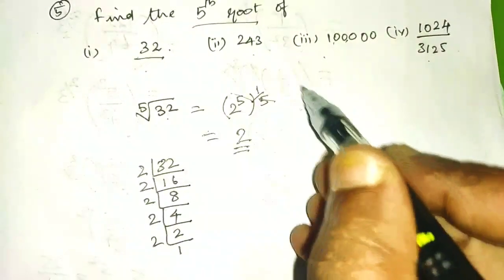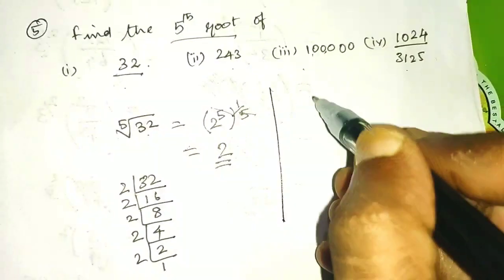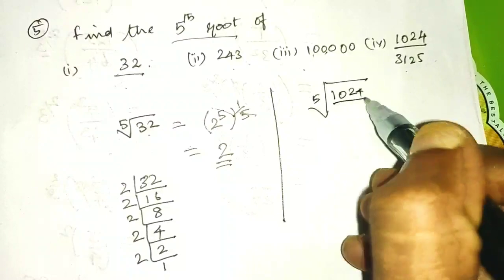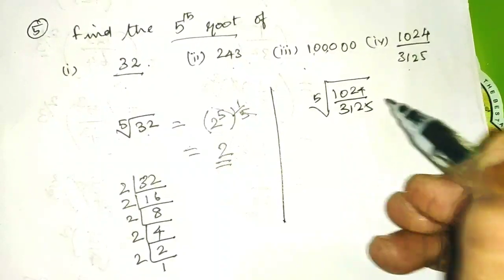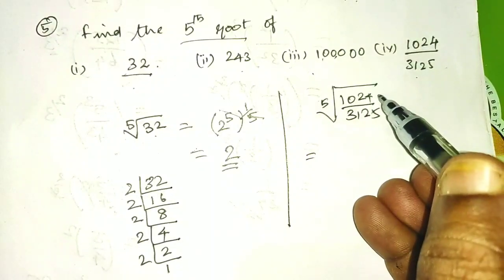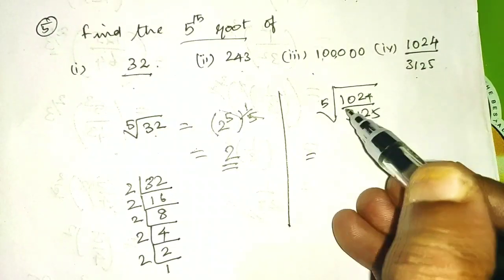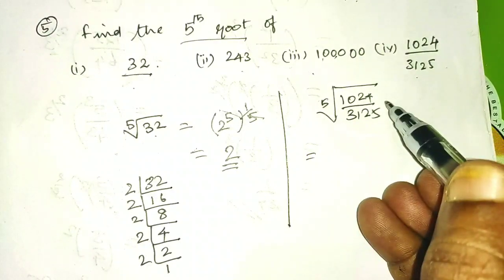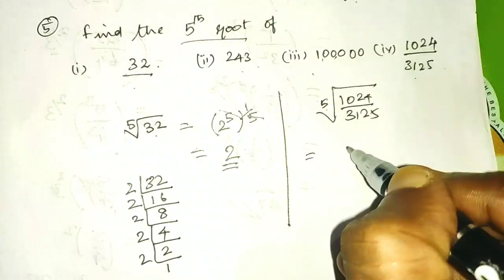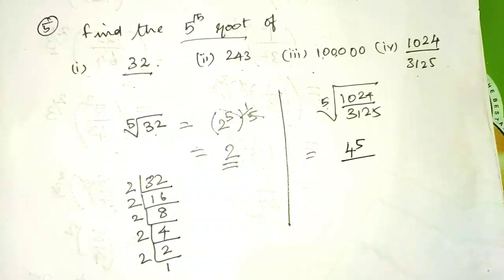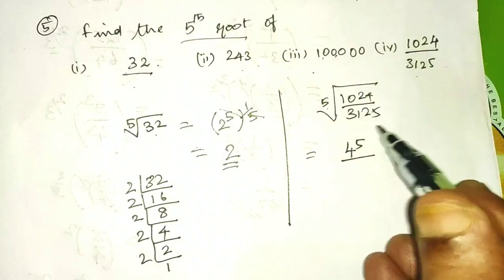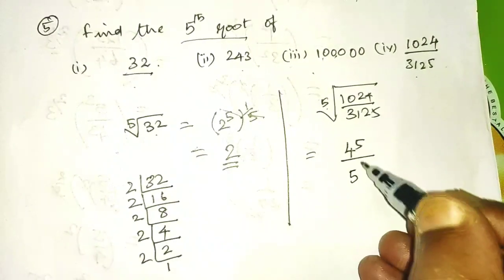Now in the fourth sum, we have fifth root of 1024 divided by 3125. If you know the powers, you can write this 1024. How will you express this 1024 as power 5? 4 power 5 is 1024. 3125 is 5 power 5.